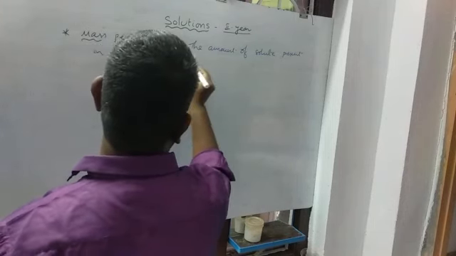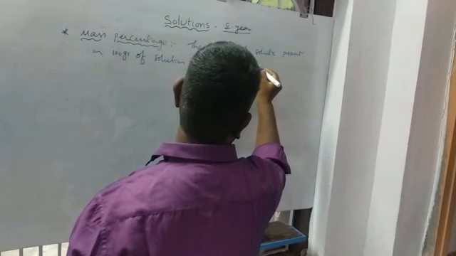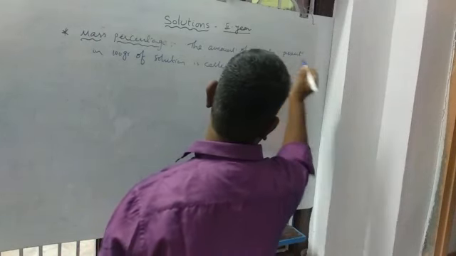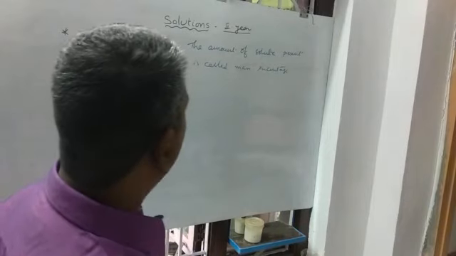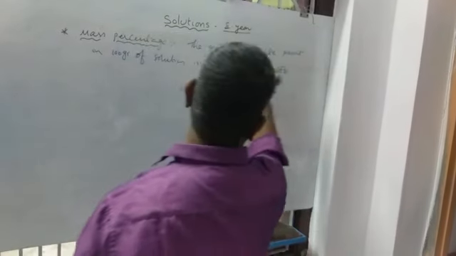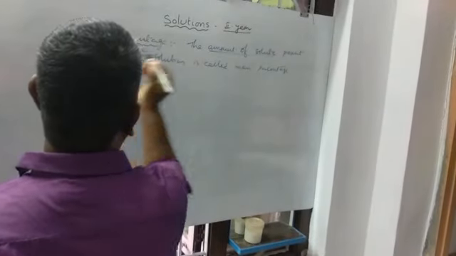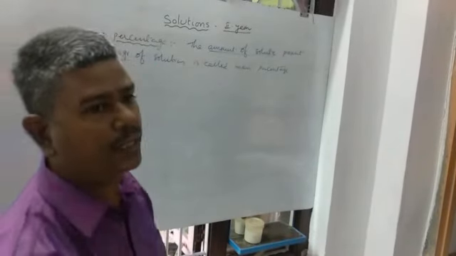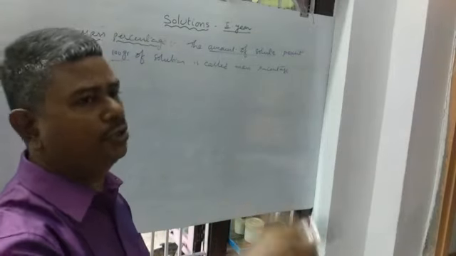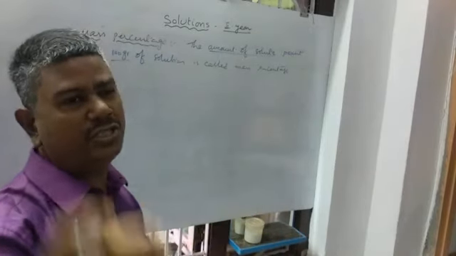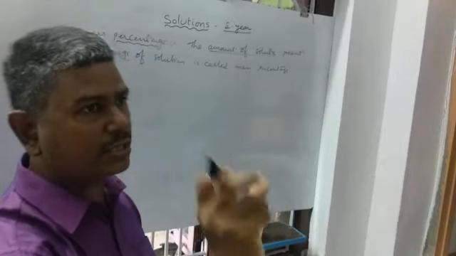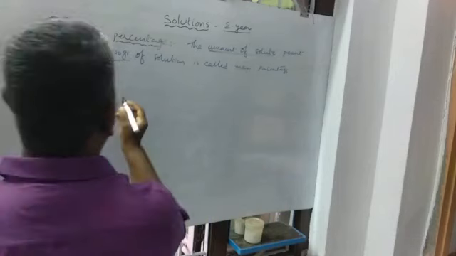Observe, what is it here? The amount of solute present in 100 grams of solution. That means if we take 100 grams of a solution, the quantity of solute dissolved in it is called the mass percentage.